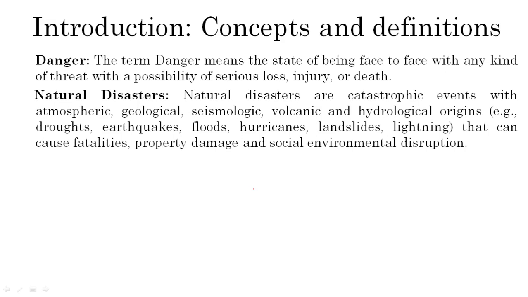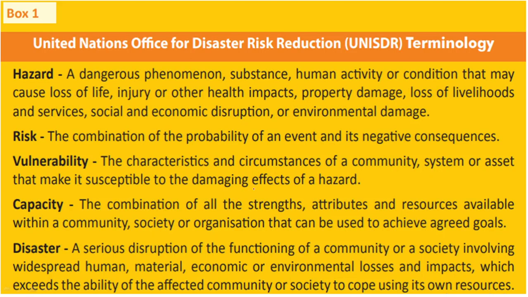They are very catastrophic in nature, meaning they are very dangerous to human life, animal life, or nature. These natural disasters cause huge fatalities, property damage, and even societal, social, and environmental disruption. Examples of natural disasters are droughts, earthquakes, floods, hurricanes, landslides, and lightning.